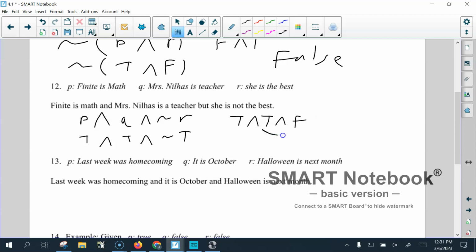Now we're going to do these two. Get the falses out of the way. So true and false, that's a false because they both have to be true with an and. So that leads us to true and false. Those two become that. And again, true and false leads to false, because you have to have two truths when you're doing an and.